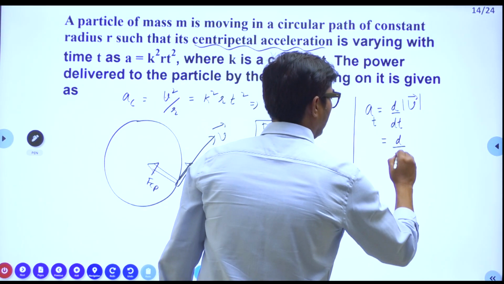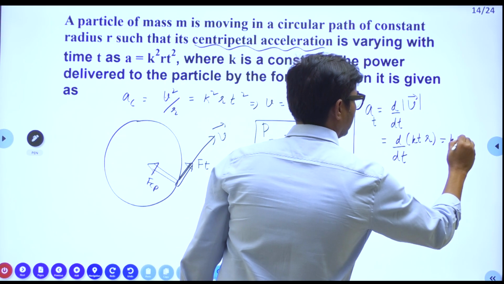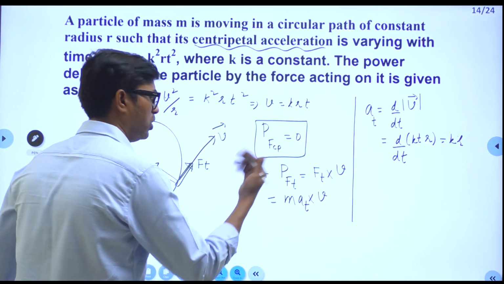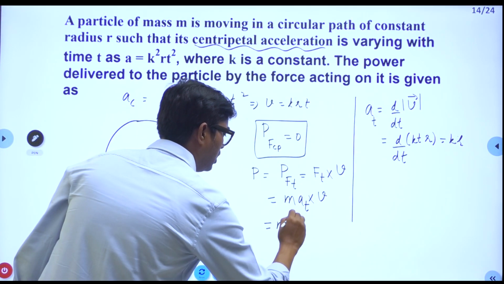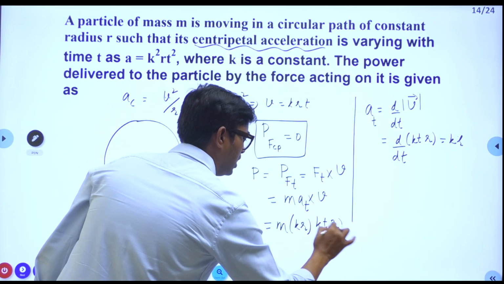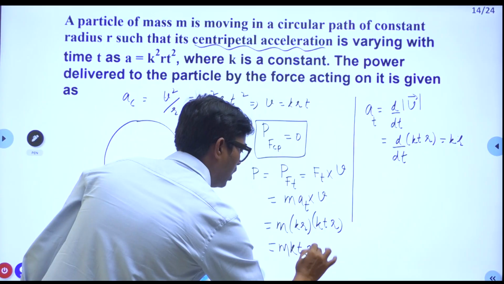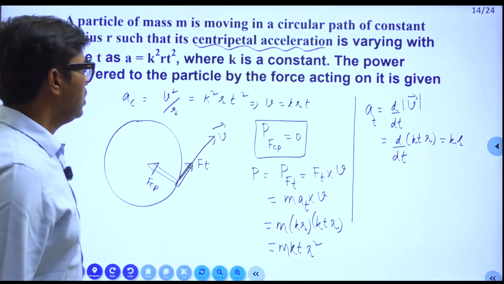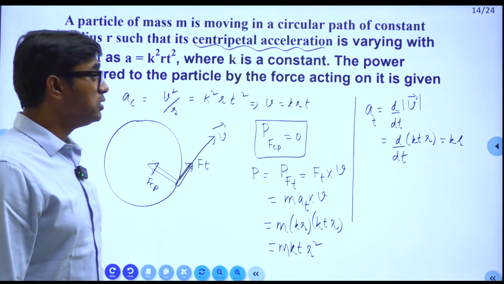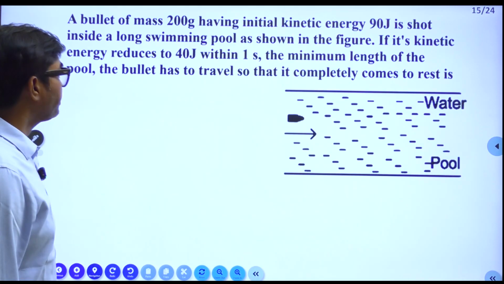So d by dt of ktr will be kr. Now everything is ready. You can substitute: mass into a_t is kr, and v is ktr, and we got the answer. So m k square t r square. That is the power delivered. It's a very nice conceptual problem. I hope you got it. Let's move on to the next problem.